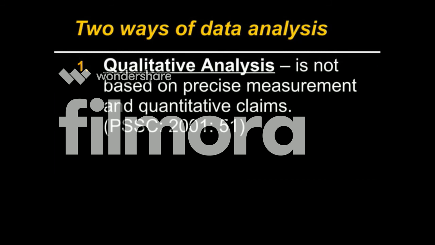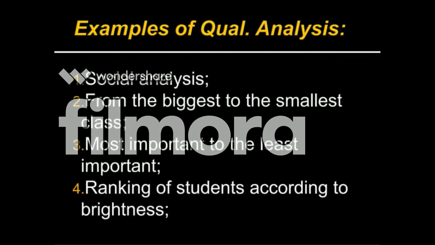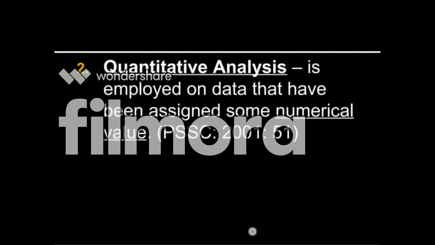So the qualitative analysis is not based on precise measurement and quantitative claims. We have examples of qualitative analysis here. We have social analysis, from the biggest to the smallest class, most important to the least important, ranking of students according to the brightness. However, the quantitative analysis is employed in data that have been assigned some numerical value.